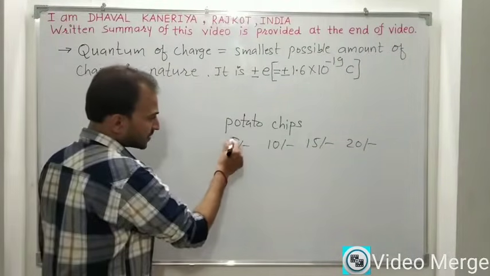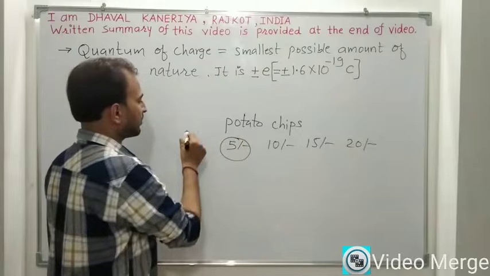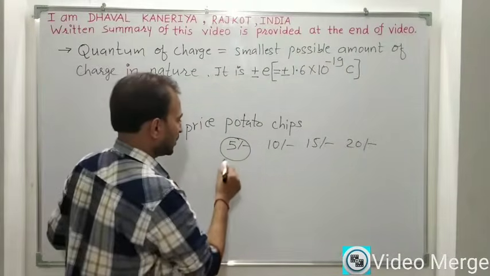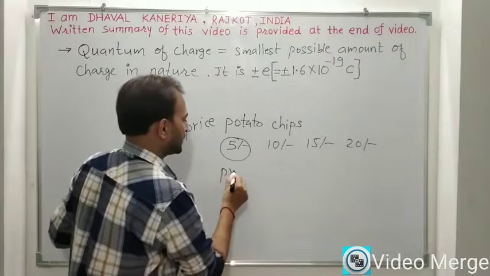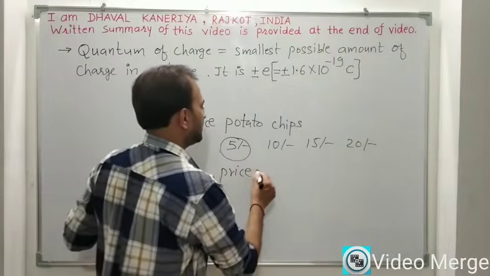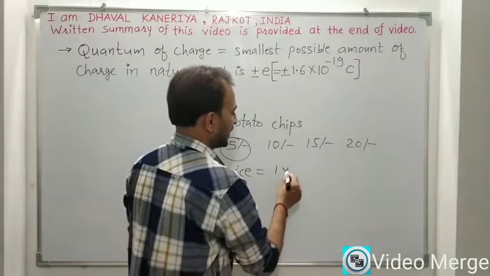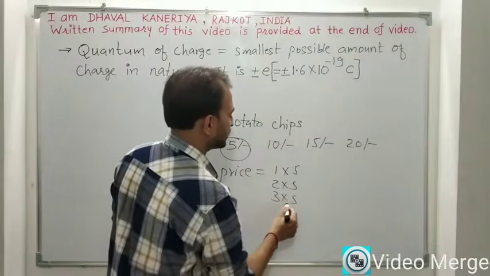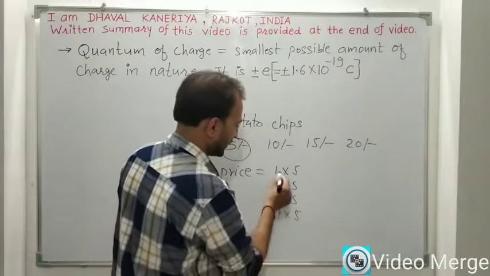Then this is the smallest quantum of price. So the price can be 1 into 5, 2 into 5, 3 into 5, 4 into 5.